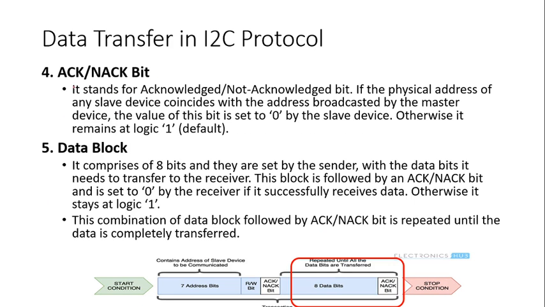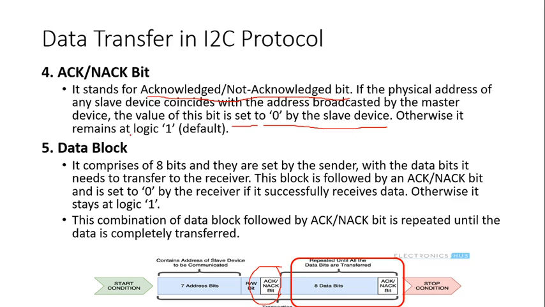Then the next part is the acknowledge or negative acknowledge bit. It's a single bit. It stands for acknowledged or not acknowledged bit. If the physical address of any slave device coincides with the address broadcasted by the master device, the value of this bit is set to 0 by the slave device.